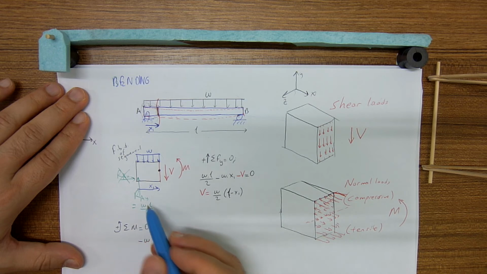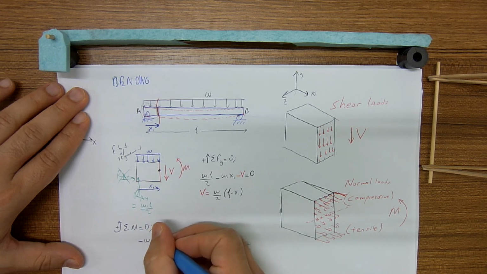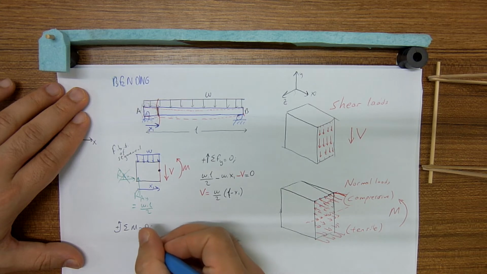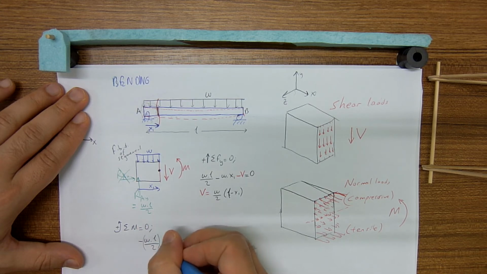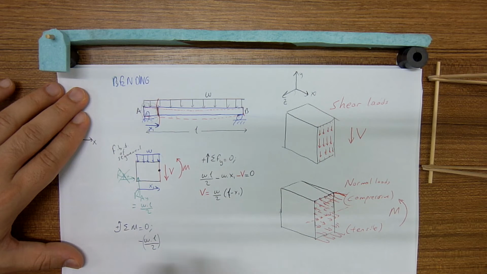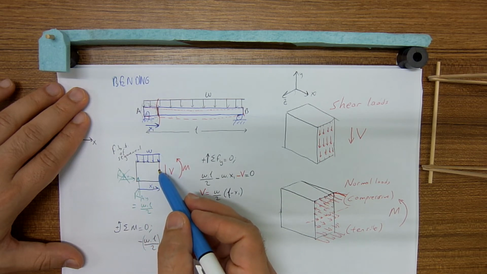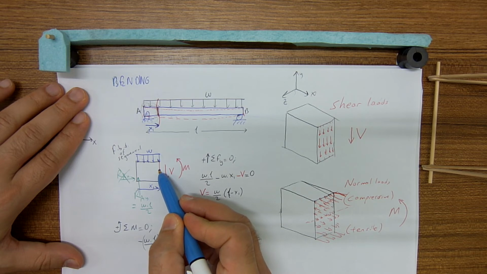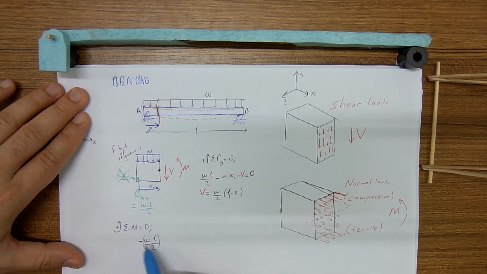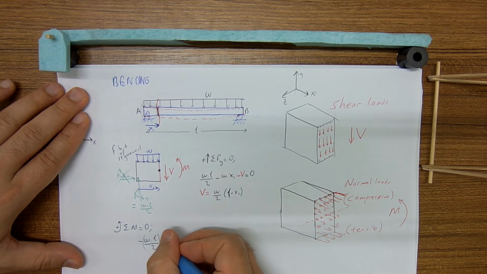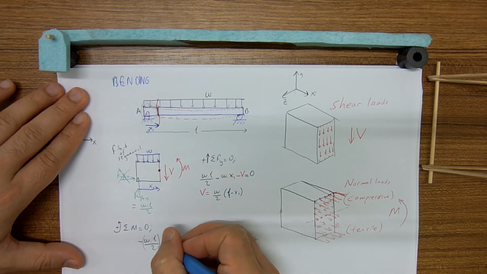The moment caused by RAY is W times L over 2, which is minus because it is trying to rotate this segment around this point in clockwise direction. Therefore it is minus W times L over 2. The force arm is x1.